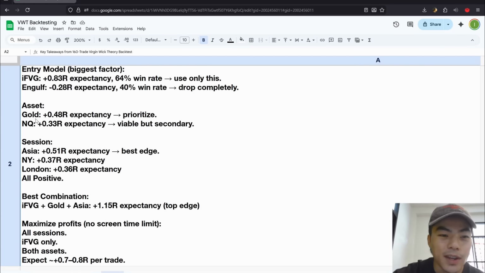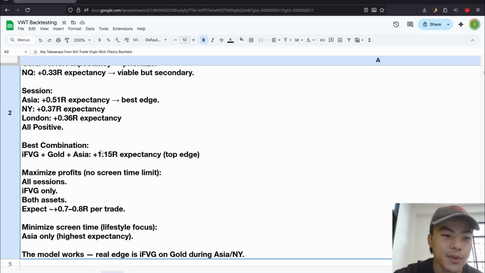And then with gold and NQ, both are profitable, but gold seems to take the edge slightly. But yeah, you can still trade both. Both are good. Sessions, Asia is the clear winner. Best edge by far, 0.51R expectancy versus 0.37 or 0.36.